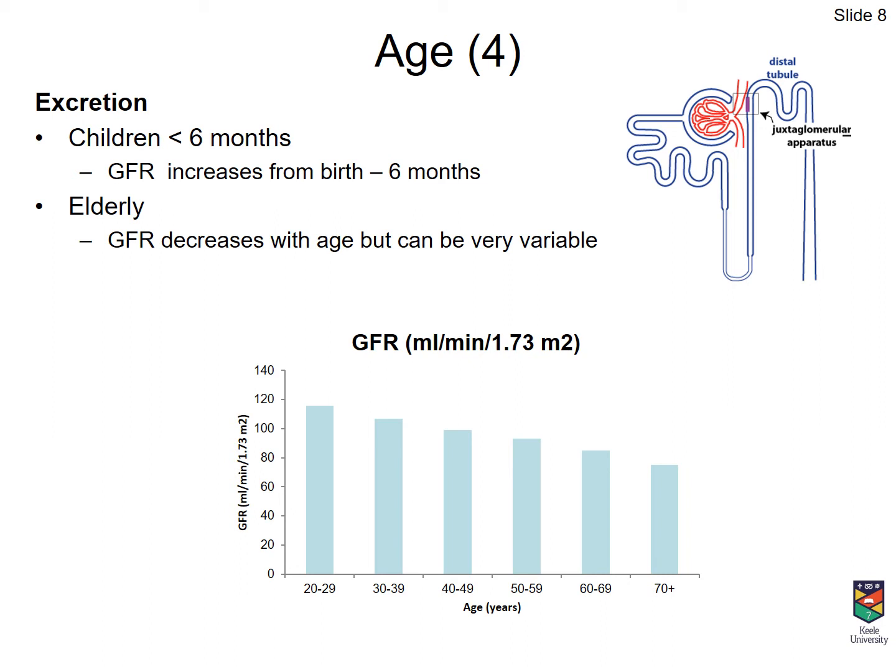Then when patients reach 30 or so, the glomerular filtration rate starts to decrease again, and by the time patients are 70, in many cases, although not in all cases, the glomerular filtration rate has dropped off significantly. So clearly that tells us that if a drug is eliminated by this route, in other words it's cleared renally, and you give the drug to an elderly person, the half-life of that drug is potentially going to be significantly higher because it's cleared at a slower rate.